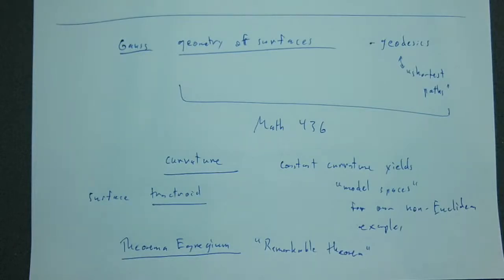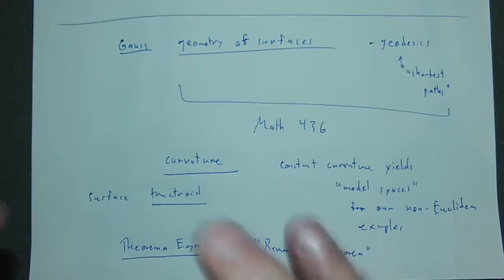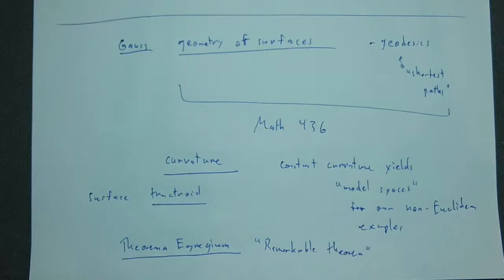That can be made precise with a statement, but I'm not going to go into that. Basically, the theorem says we can toss out the ambient Euclidean space. We can just consider the inherent, or intrinsic, geometry of the surface itself, that is, the sphere itself, without any reference to the Euclidean space it sits inside.